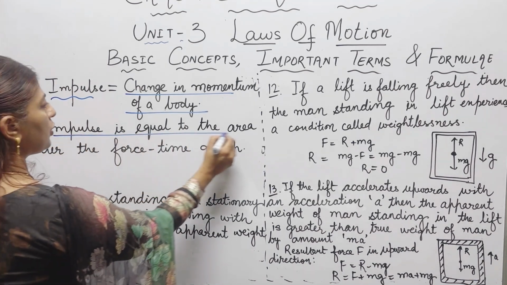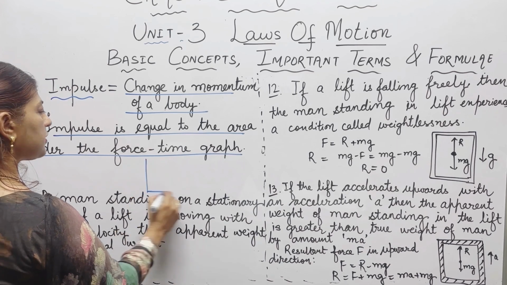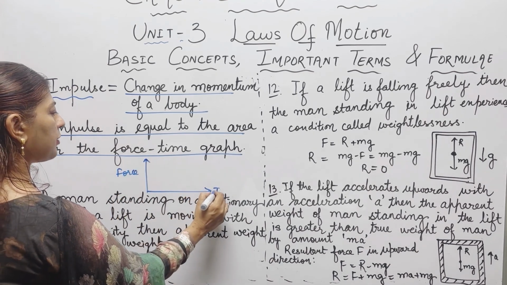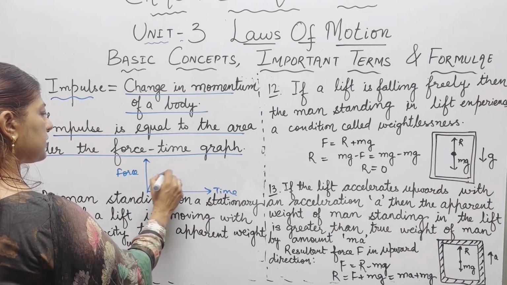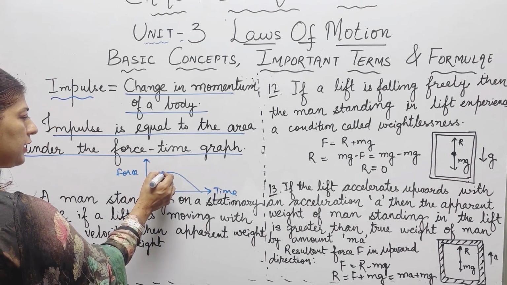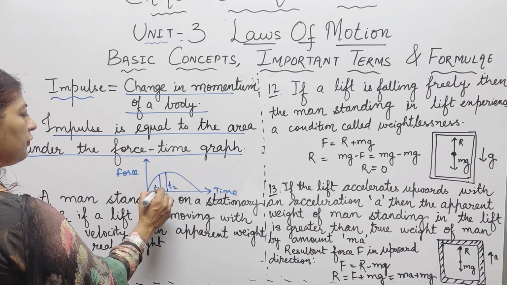Impulse is equal to the area under the force-time graph. In this direction we have taken the force, and in this direction time is being taken. Let this be a curve. Now in this curve we have taken, say, a strip for time t1 to t2.